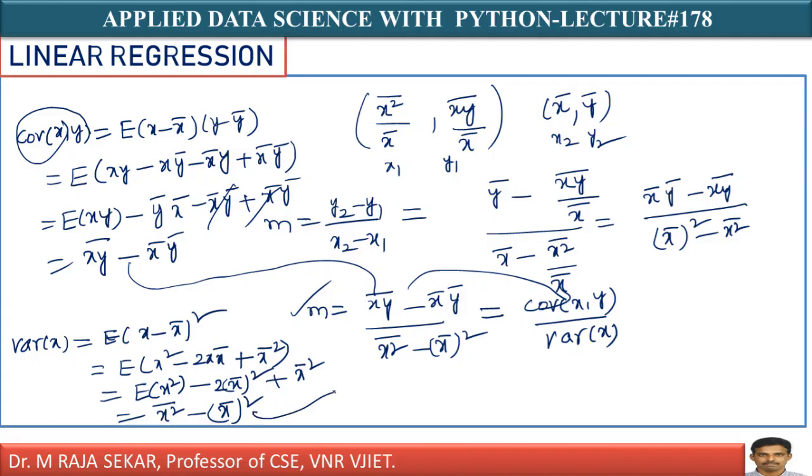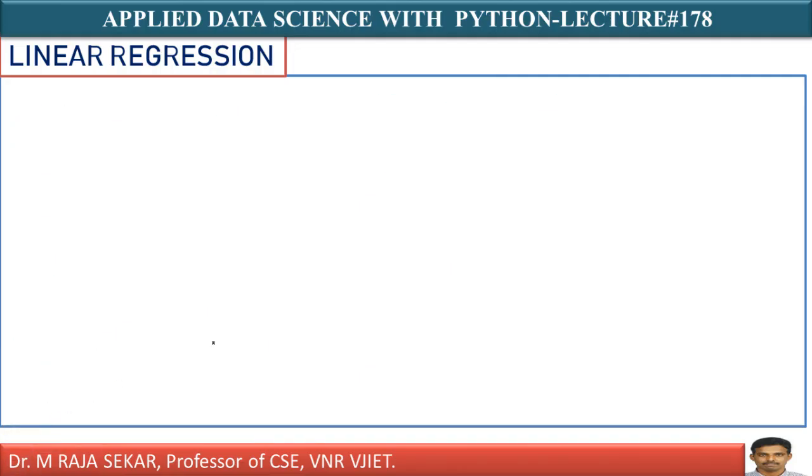Just see this one: \overline{x²} minus (x̄)² is the variance of x. Therefore, I can say my slope is the covariance of x comma y by the variance of x, isn't it?